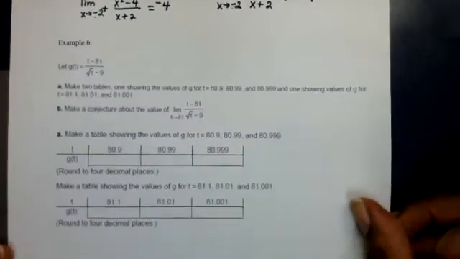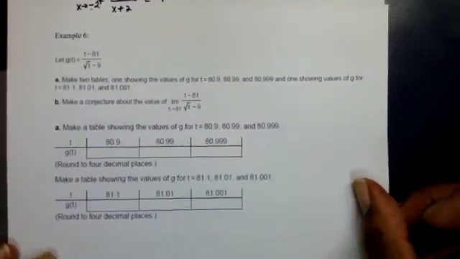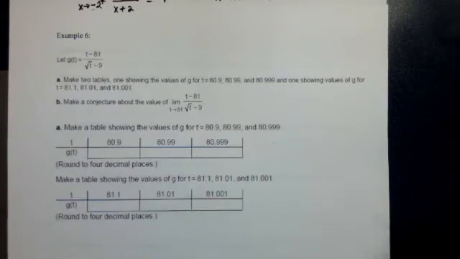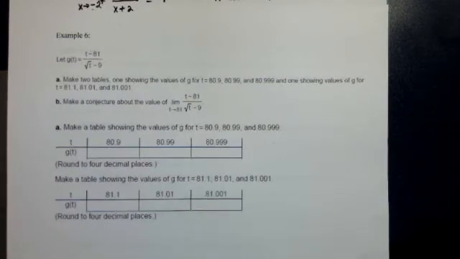Take a look at this example here where we got g of t is equal to t minus 81 divided by the square root of t minus 9. And let's say I want to make two tables, one showing the values of g for t equals 80.9, 80.99, and 80.999, and one showing values of g for t equals 81.1, 81.01, and 81.001.